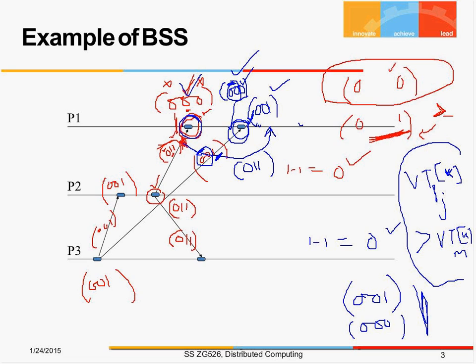Now if you see this particular message, it is 2 sending to 1. So we will look into this middle value, 1 minus 1 equal to 0, and we have 0 here in the middle. The remaining two values of the clock, 0 and 1, are greater than or equal to this 0 and 1. And hence it can be delivered here. When you deliver, simply update it with the maximized value 0, 1, 1.